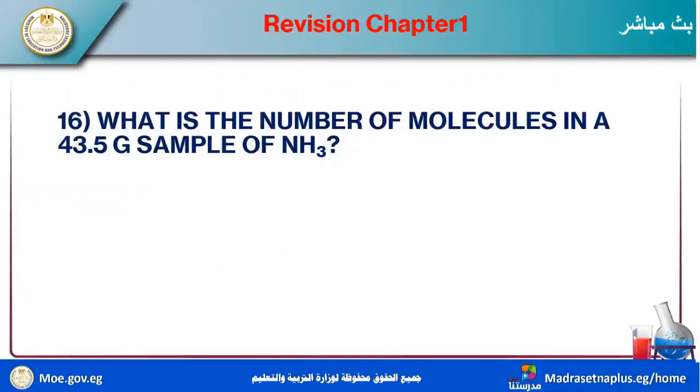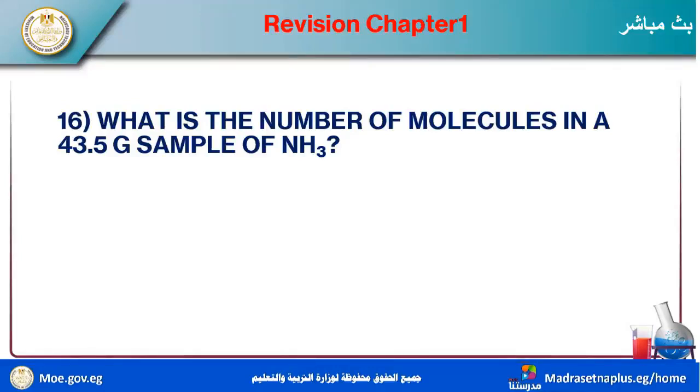What is the number of molecules in a 43.5 gram sample of ammonia? I want to know the number of molecules. You must have the number of moles, but I have the mass. You must convert the mass to the number of moles using the molar mass, and multiply the result by 6.02 times 10 to the power 23.